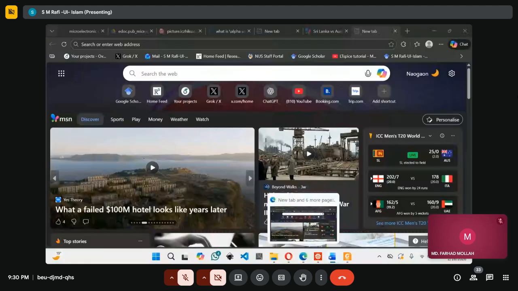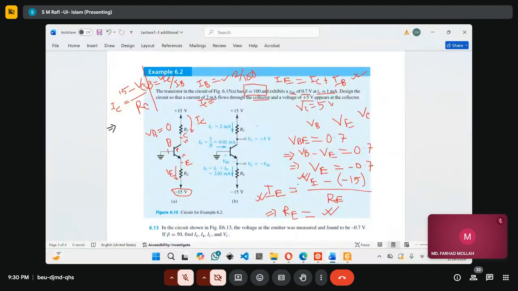Yeah, you can actually leave your ID here for your attendance. No problem. So this IC is the current actually passing through this resistance, this the RC. So if I apply the KVL, the current should be the voltage difference divided by the resistance. The voltage difference is 15 minus VC divided by the resistance is RC.